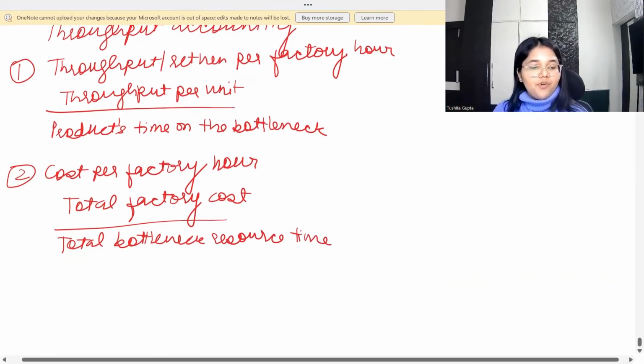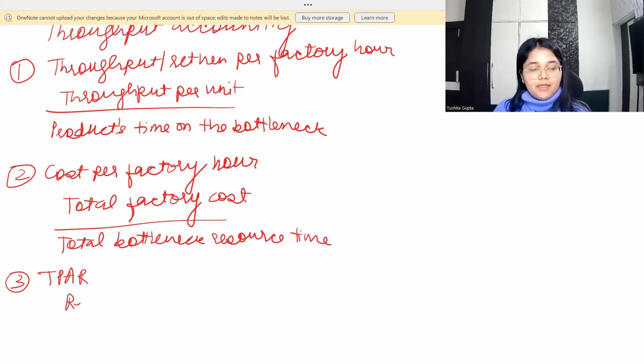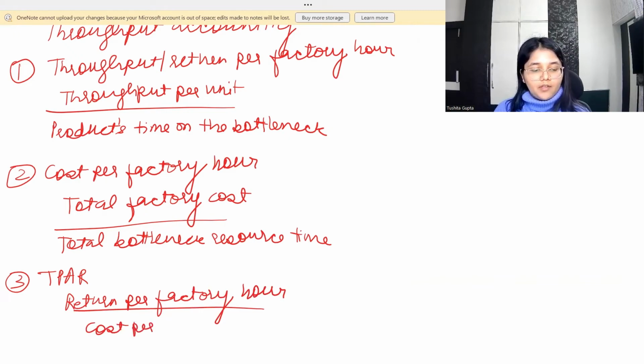Now, the last formula that we have is the TPAR, which you may also be asked to calculate in your exam. This will be nothing but your return per factory hour divided by your cost per factory hour.